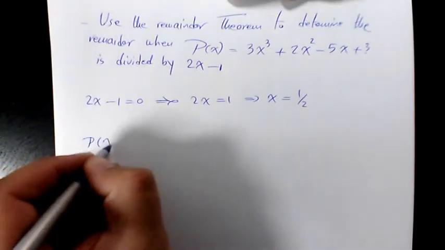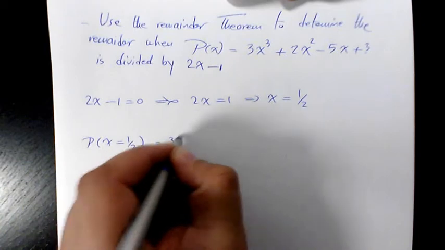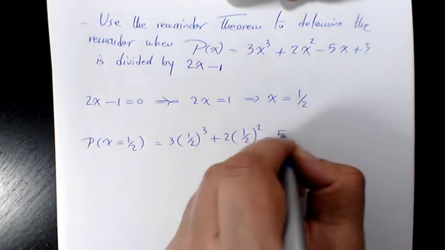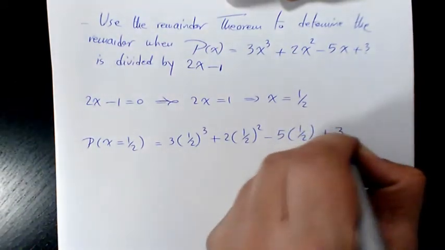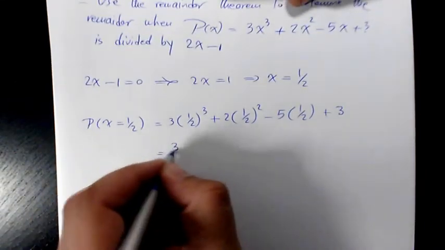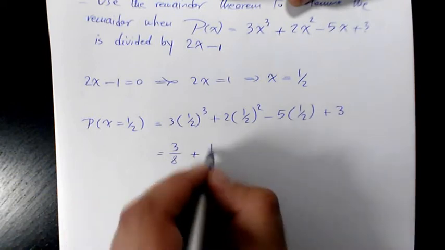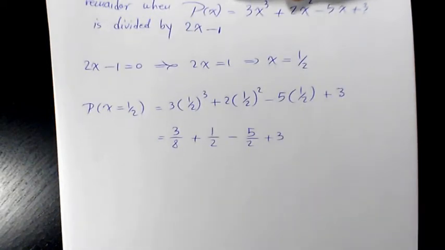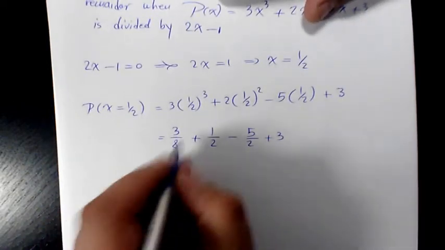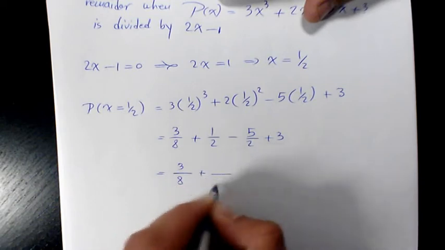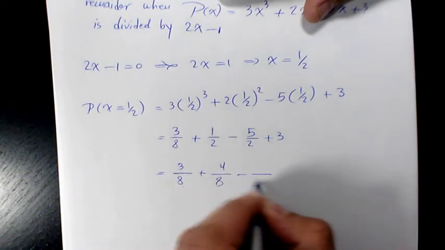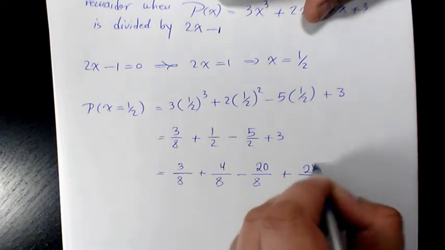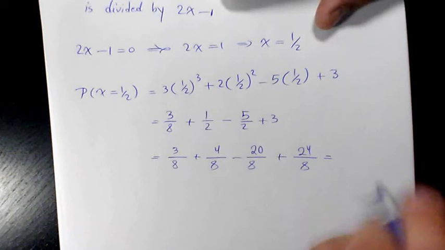So it's going to be 3(1 over 2) cubed plus 2(1 over 2) squared minus 5(1 over 2) plus 3. That's going to be 3 over 8 plus 1 over 2 minus 5 over 2 plus 3. And then that's going to be 3 over 8 plus 4 over 8 minus 20 over 8 plus 24 over 8 when we do common denominator.